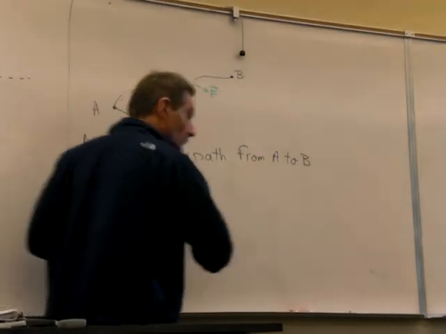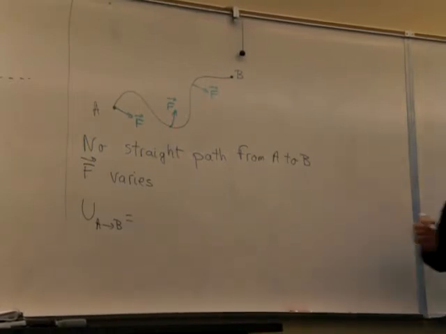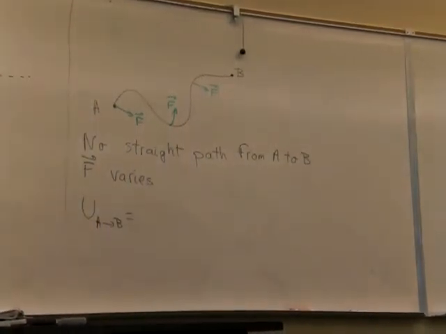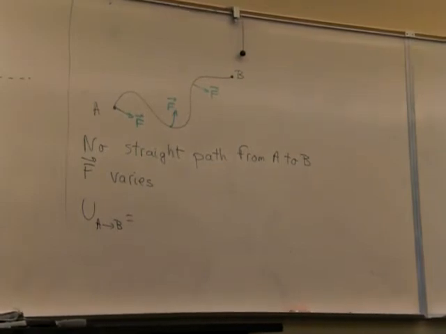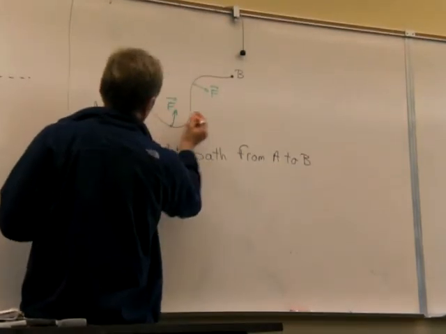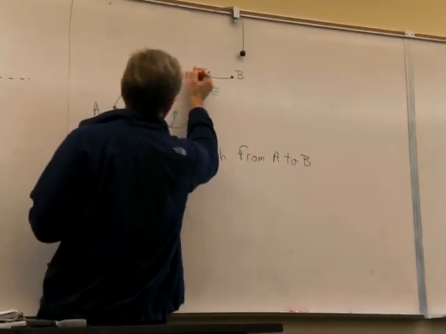But how would you compute it? You have to do an integral. Integrate along the curve. Right. So now what you do, you consider a small displacement along the curve. So for instance, I do it here. You take a small ds.